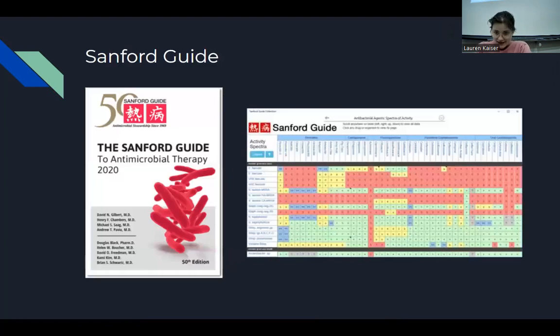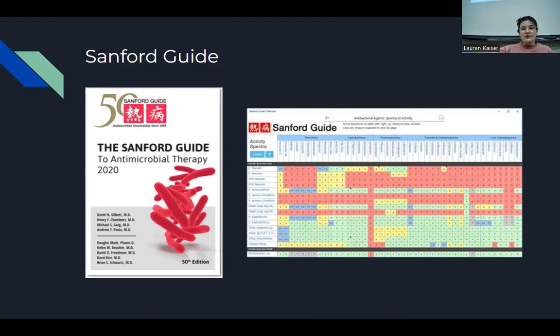The Stanford Guide. This might look like a beast, but it's actually a pretty interesting book. It basically lists everything you could possibly have a disease from, what your symptoms are, and how to treat it. But we're mostly focusing on the colored pages inside. It shows a bacteria on the left in long rows. Every row is a bacteria, and every column is an antimicrobial.